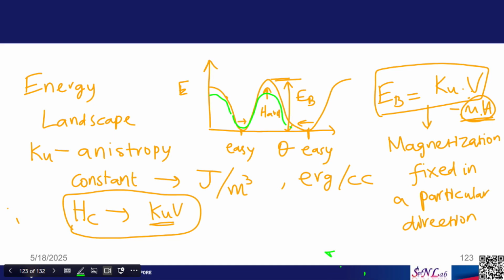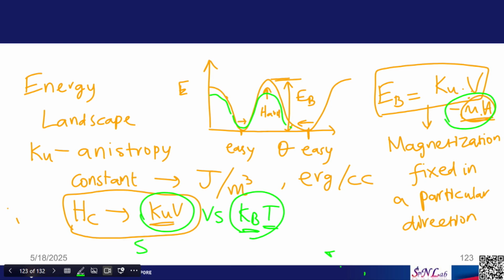Okay. So, when we talk about superparamagnetism, we are talking about the competition between KUV and the KBT. At room temperature, we have thermal energy, which is the temperature in Kelvin multiplied by Boltzmann constant. When this thermal energy competes with KUV, then you have superparamagnetism. Superparamagnetism happens when the volume is very small.